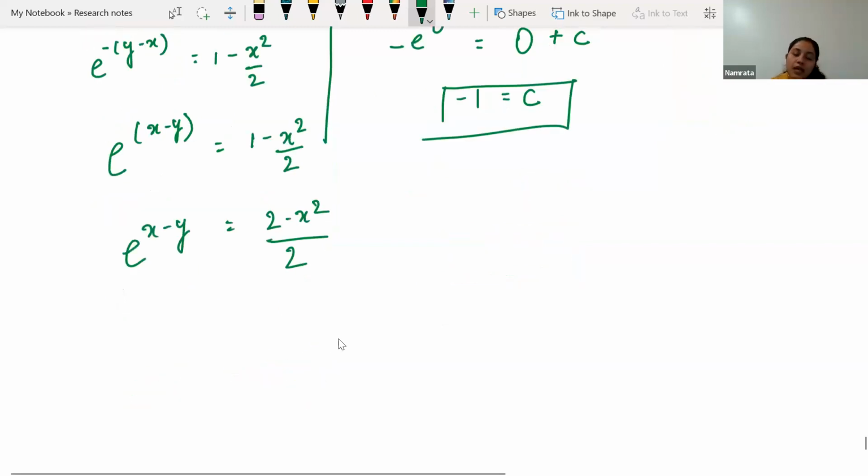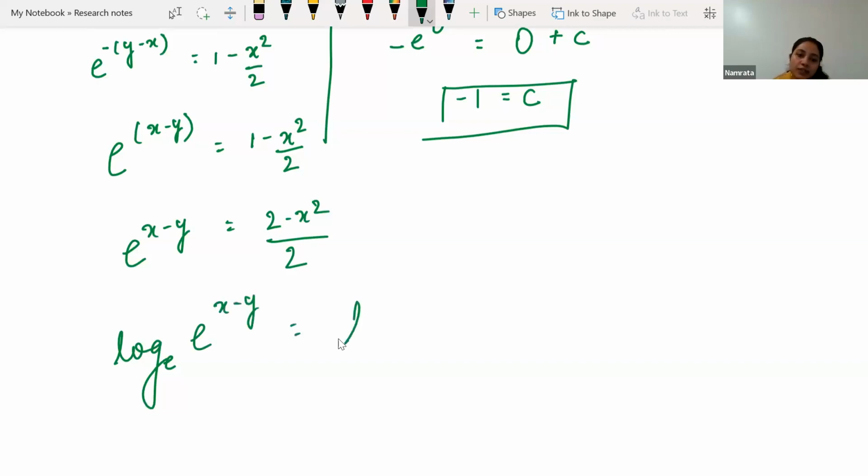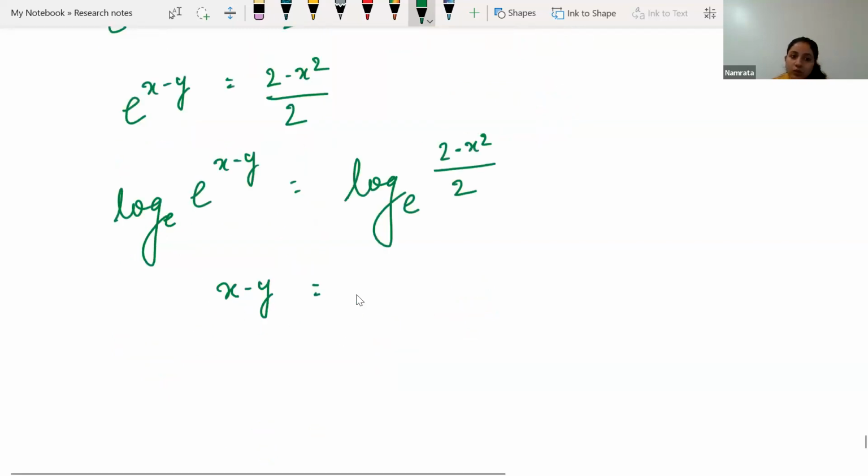If we take the natural log, log base e, over here, and e is already there, we get x minus y. Okay, y we want to find, so only for that we are doing this.